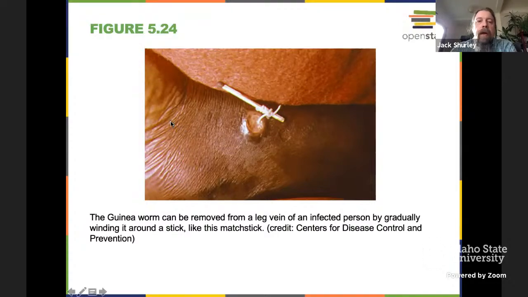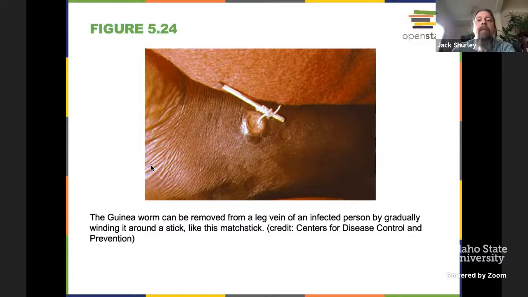So how do you get the worm out of the skin and onto the matchstick? Well, ultimately the worm emerges hoping to lay the eggs. So soaking your foot in some water can get it to protrude out through the skin. You have to wait till the skin ulcerates in the first place, because then it's ready to emerge.